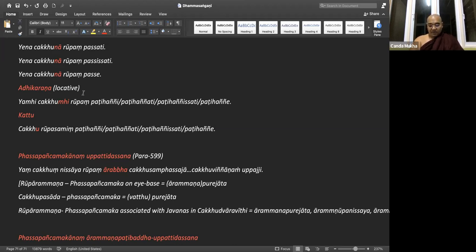But in terms of the meaning, pasadang kadaya mana mewa, only when striking, there is striking to the eye sensitivity. Rupam padihanyati nama. It is called that Rupa, the visible object, strikes the eye. Okay.